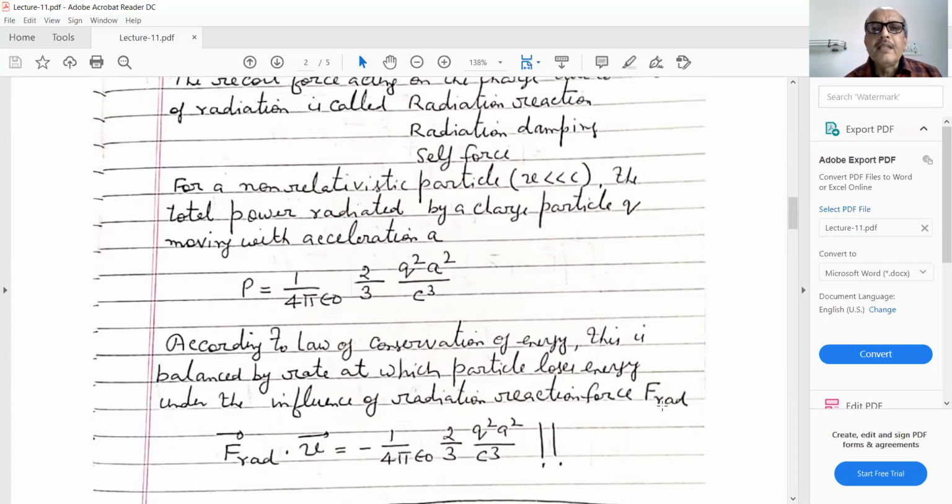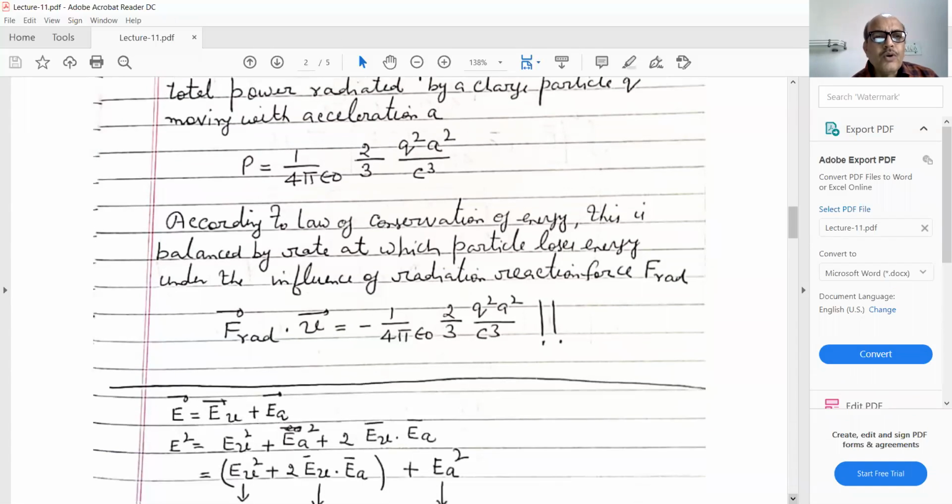That is why you see there is a minus sign, because the charged particle will lose energy because of a backward force acting on it because of the radiation. So the rate at which the particle loses energy must be equal to the total power radiated by the charged particle with an acceleration equal to a.